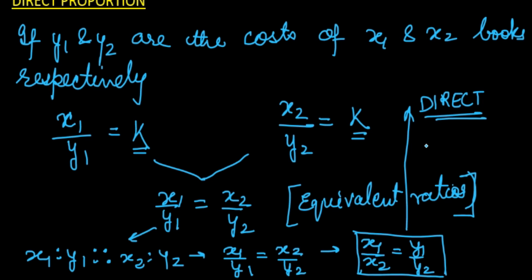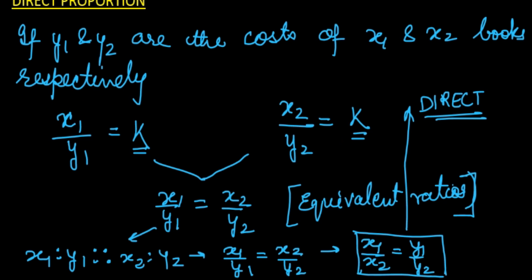Whenever there are two quantities such that when one quantity increases, the other quantity also increases, that proportion is a direct proportion, and the relation is given by x1 upon x2 is equal to y1 upon y2, where y1 and y2 are the values of one quantity corresponding to the x1 and x2 values of the previous quantity.